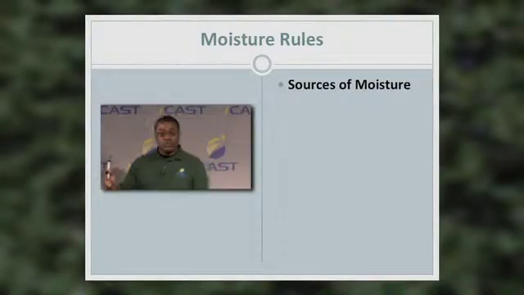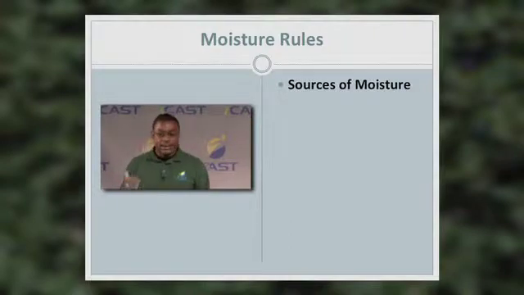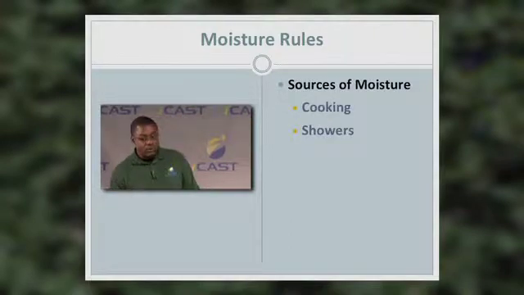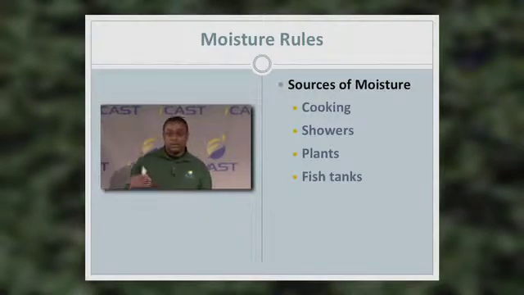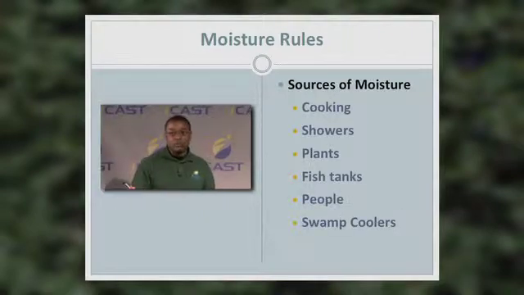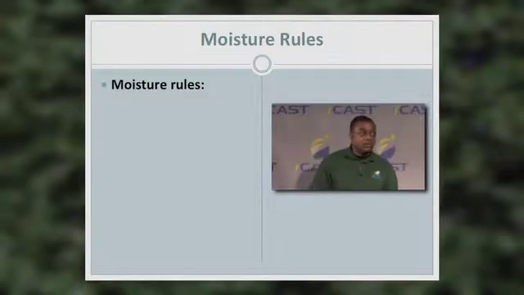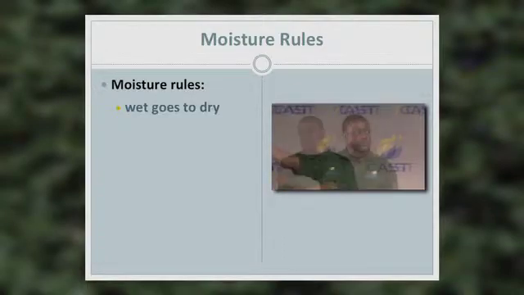Here are some rules for moisture. We get sources of moisture like cooking, showers, plants, fish tanks, people, swamp coolers, evaporative coolers. All of these things add moisture into the air. We already know that wet goes to dry.